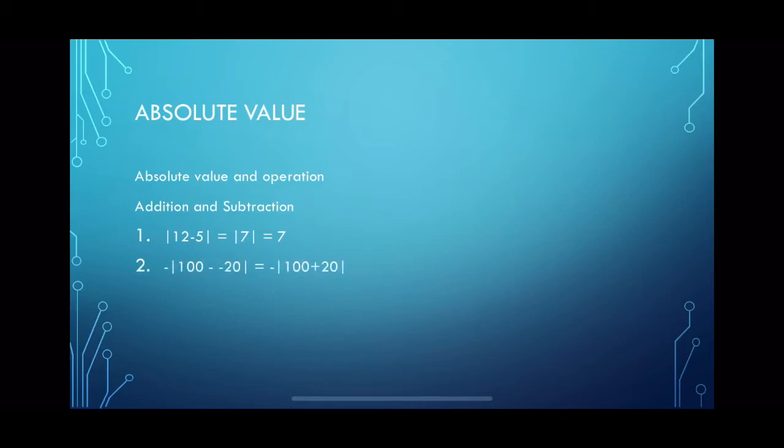So for number 2, we have negative absolute value of 100 minus negative 20. We will have negative absolute value of 100 plus 20, because 100 minus negative 20, negative, negative, so it will become positive. So that is the reason why we have negative absolute value of 100 plus 20.